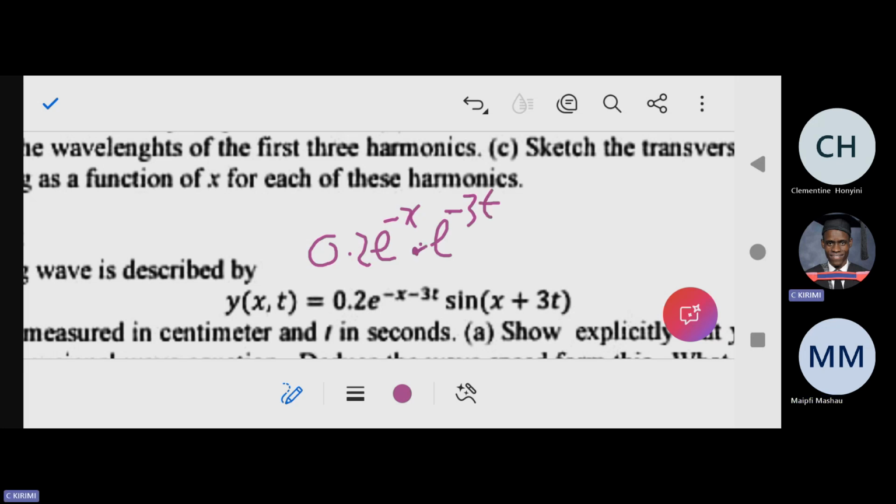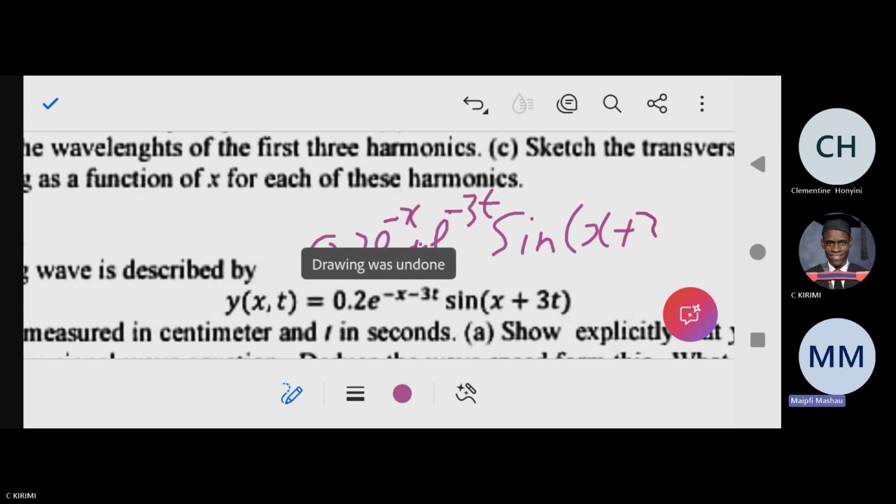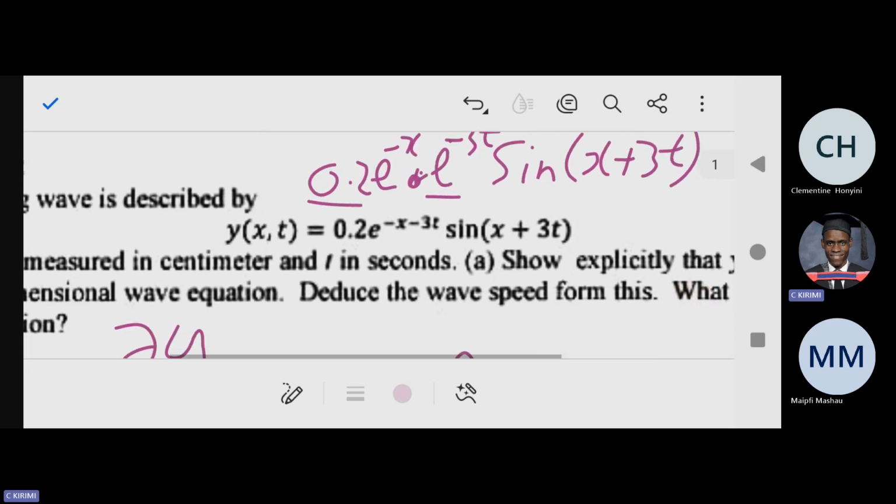This dot is for multiplying. And then you continue the whole story, which is sine bracket x plus 3t. So what we are saying, 0.2 and this, they are just constants, isn't it? We can put them outside the bracket. Then you differentiate only e to the power negative x.